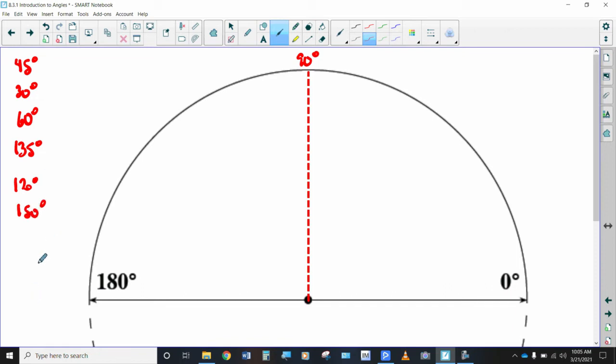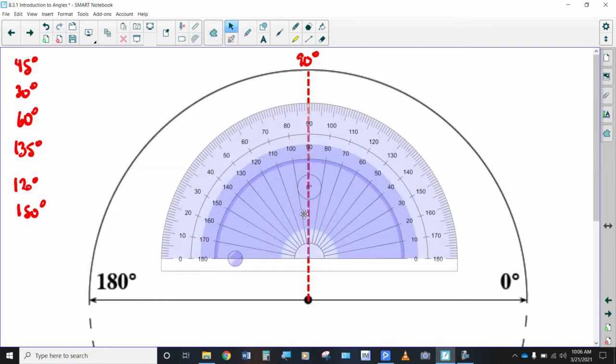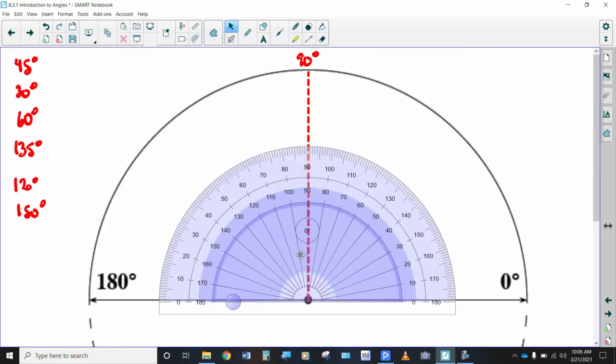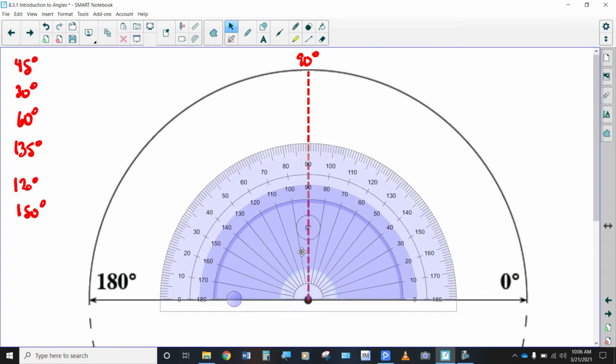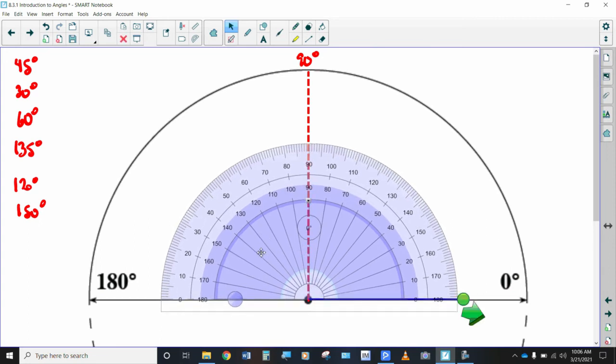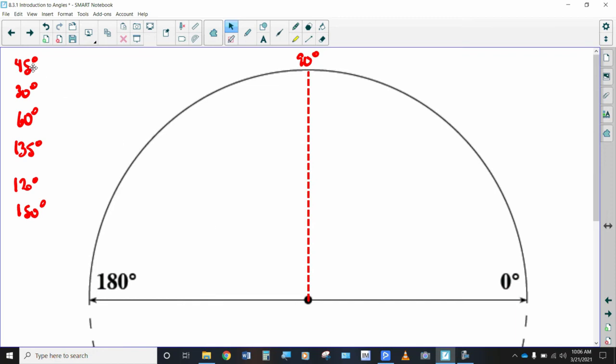If you print out this page and use your ruler to make these lines relatively straight, this page serves as a mock protractor for you. So go ahead and take some time and see if you can put in an estimate of all those measures.